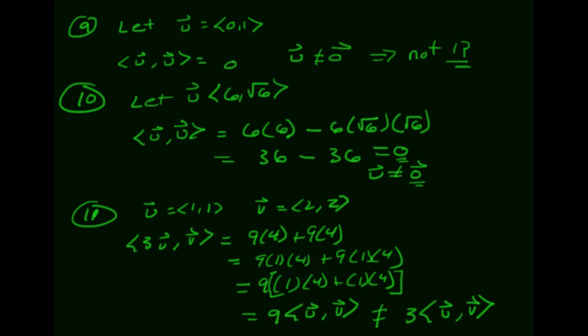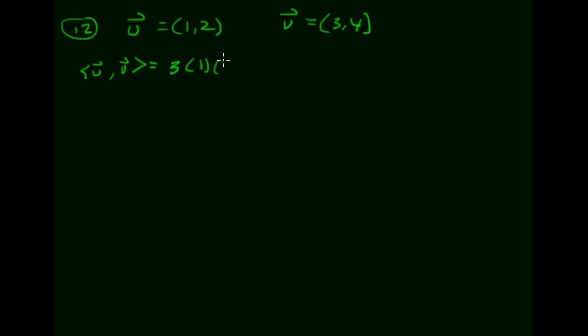Now let's look at number 12. The way we broke number 12 was to let u be 1, 2, let v be 3, 4, and then we looked at, what do I get if I take u times v? If I take u times v here, I should get 3 times 1 times 4 plus 2 times 3, and this is 12 plus 6, which is 18.